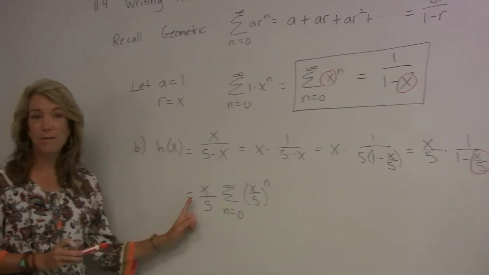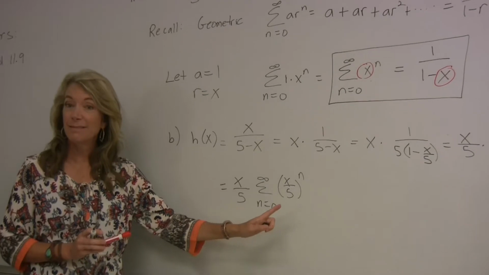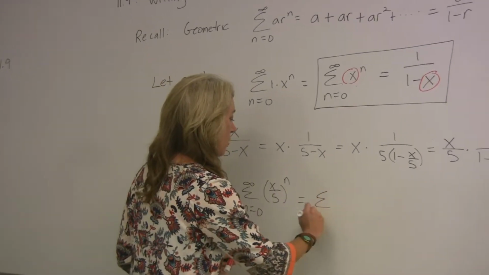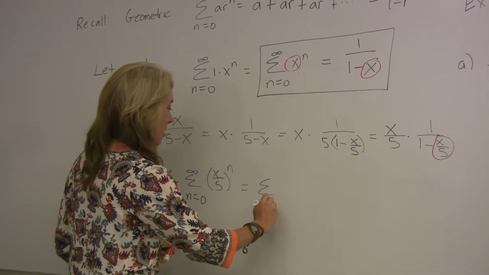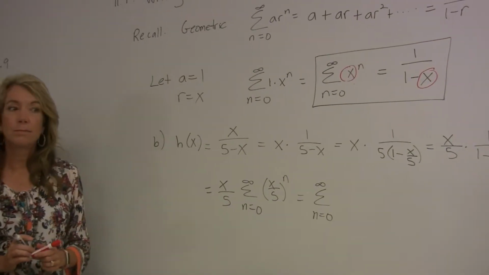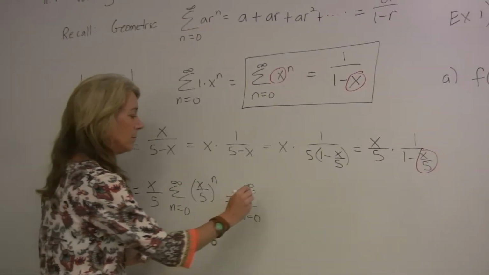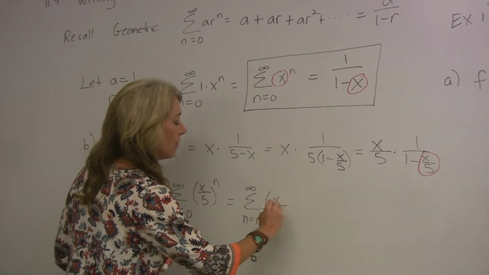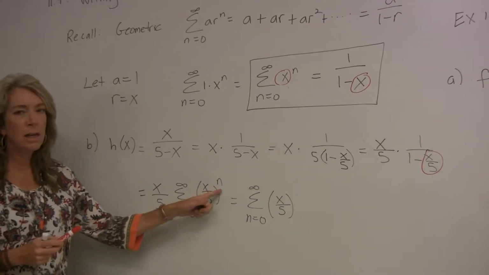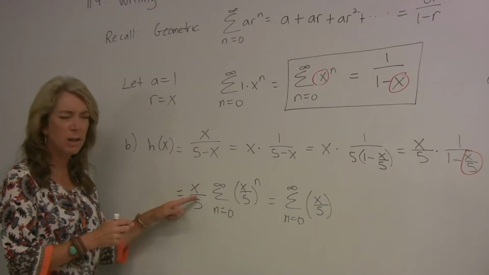Now we take this x over 5 and put it back in. So what do we end up with? I put x over 5 to the 2n? Ooh, you're close. There's an n here. What's the exponent on this over here though?